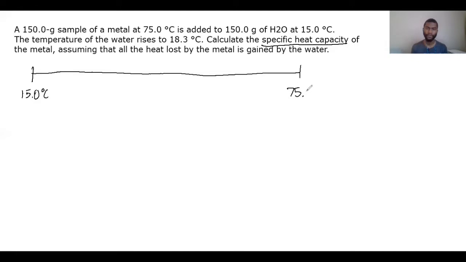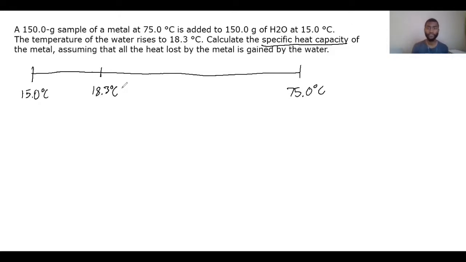And the metal is beginning this exchange at 75 degrees Celsius. Now, this isn't going to be to scale, but we see a final temperature for the water of 18.3 degrees Celsius.